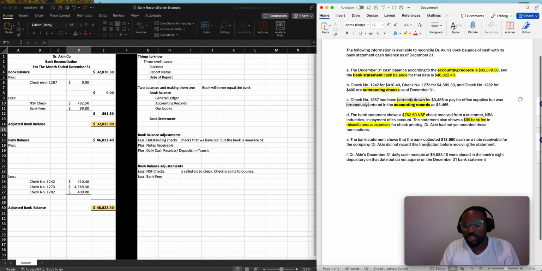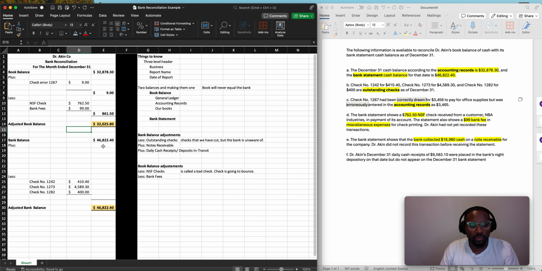It says the bank statement shows that the bank collected $18,980 cash on a notes receivable for the company. All right, so what's happening here? The bank collected money without us knowing. Okay, so think about that. Where do you think that would go?